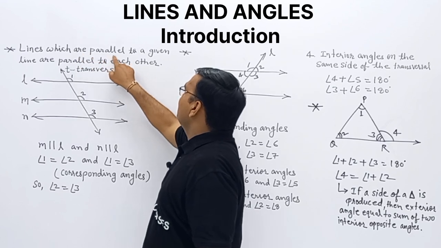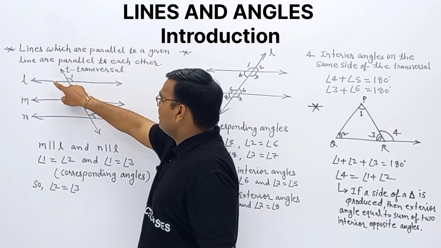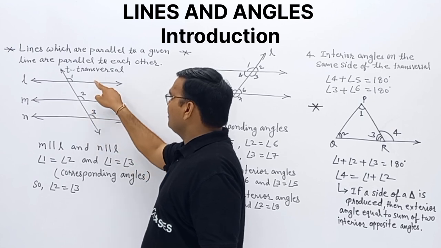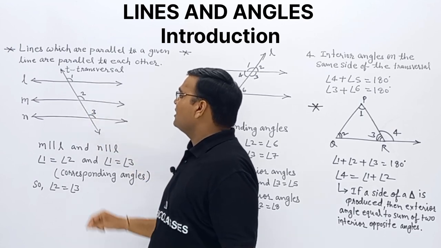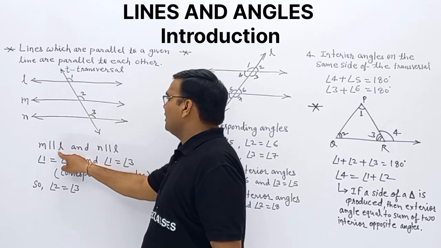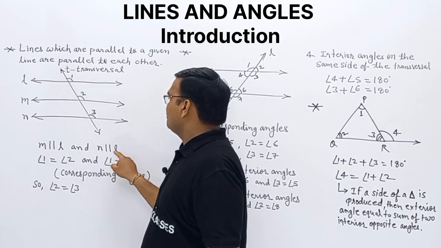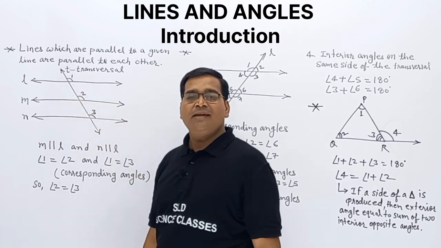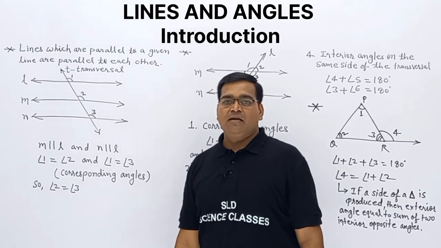M is parallel to L, N is parallel to L, so automatically M and N both will be parallel.